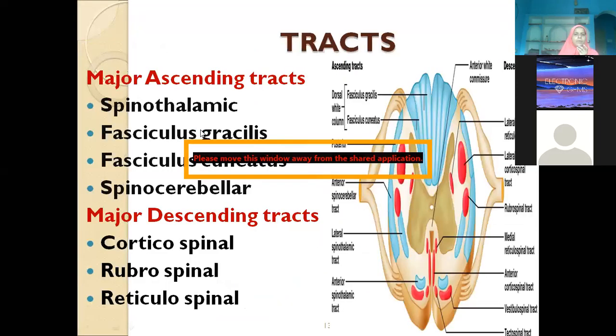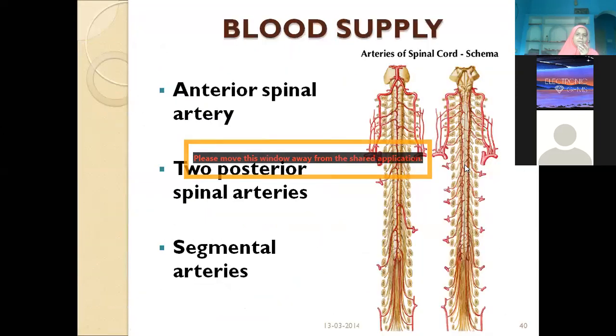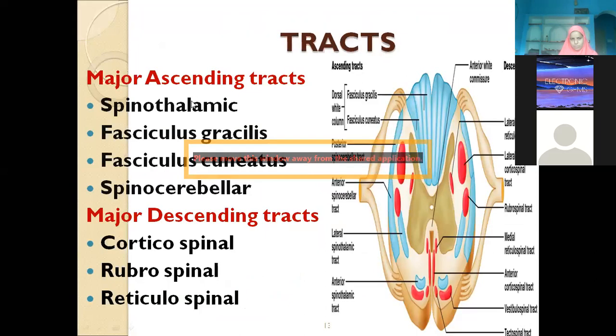Now coming to the tracts, we have two different types of tracts, no? We have ascending tracts and descending tracts. Ascending tracts are also called sensory tracts and descending tracts are also called motor tracts. Because we have finished the cerebrum, there we have the primary motor area and also the somatosensory area. Primary motor area, we have seen the area number was 4.